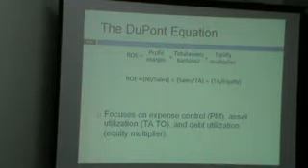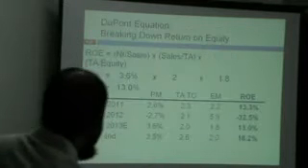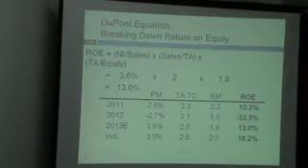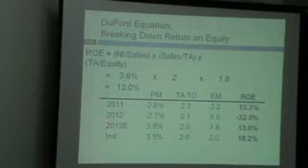Okay, now we are going to calculate the DuPont equation for this company. The profit margin for this company is 3.6%, total asset turnover is 2 times, and the equity multiplier is 1.8 times. So the return on equity comes to 13%.